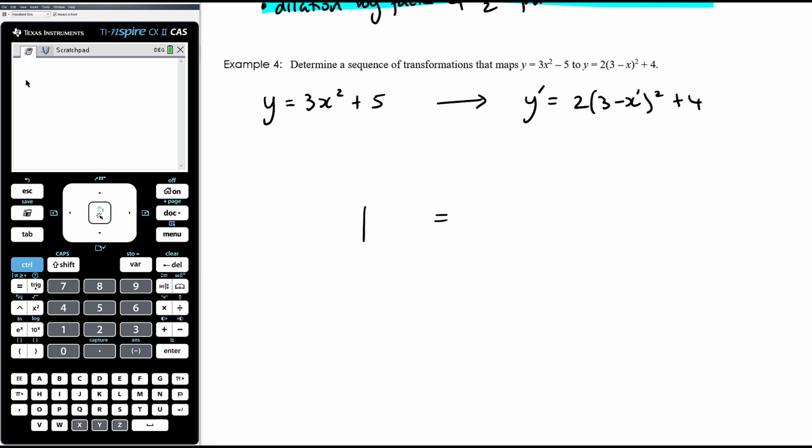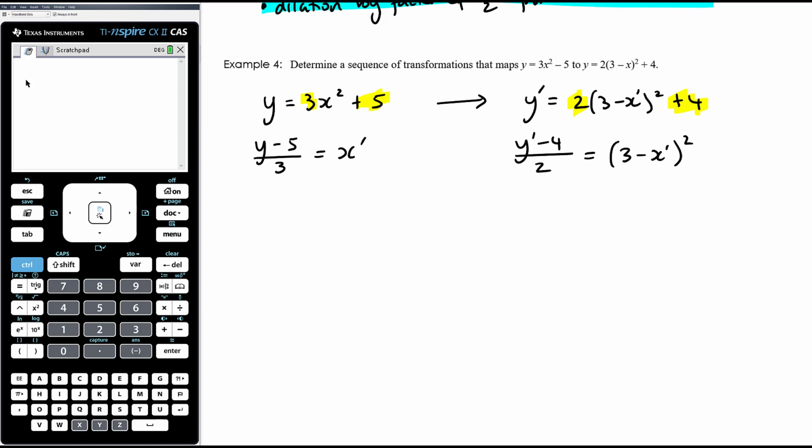Anything outside of the squared needs to go over onto the left hand side. In this case that's the times 3 and the plus 5. In this case that's the times 2 and the plus 4. So I'm going to take away 5 and then divide by 3. And here I'm going to take away 4 and then divide by 2.